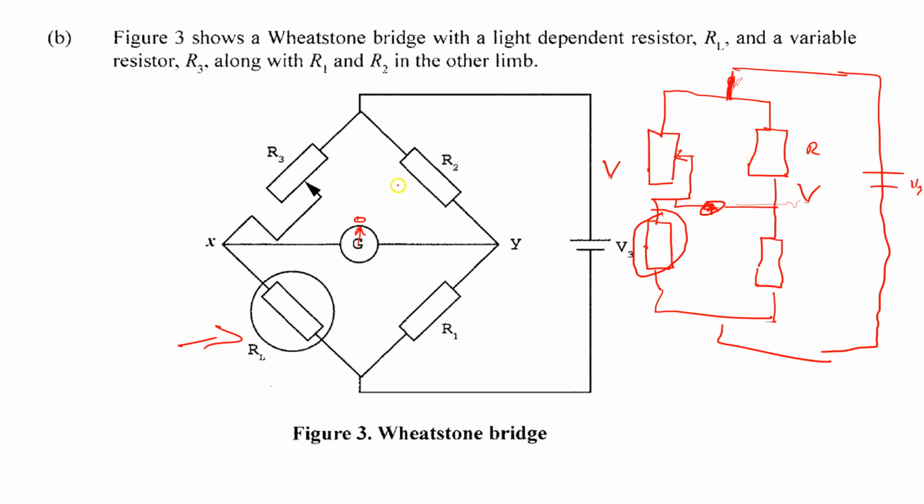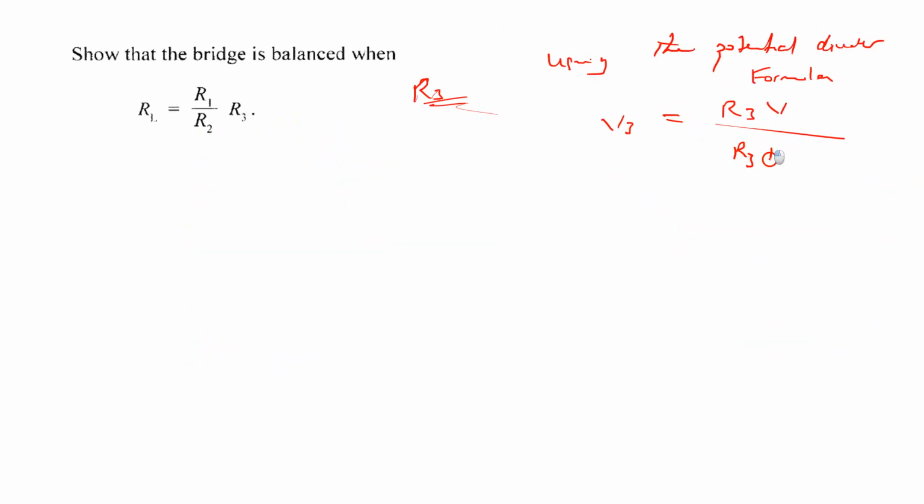The sum of the resistance here is these two resistors, because these are in series with each other. So R3 plus RL.